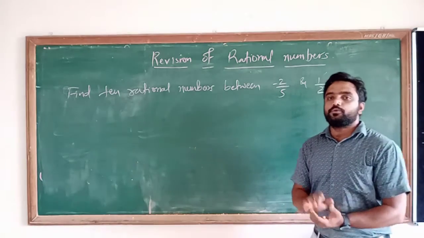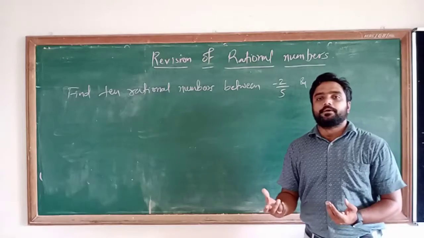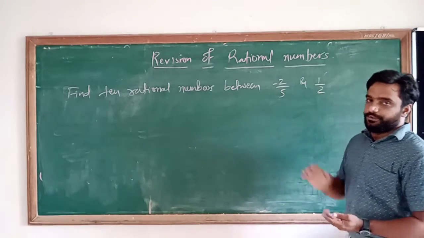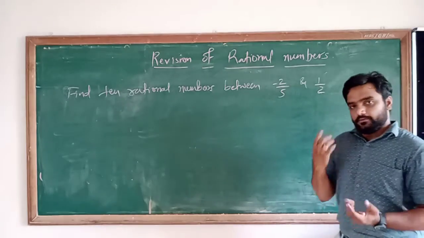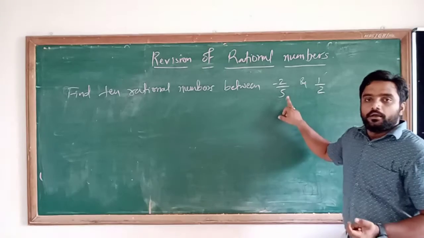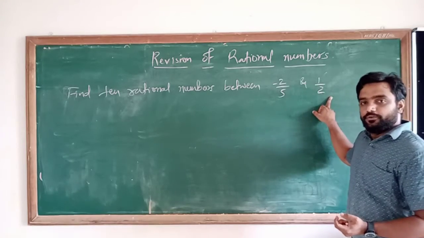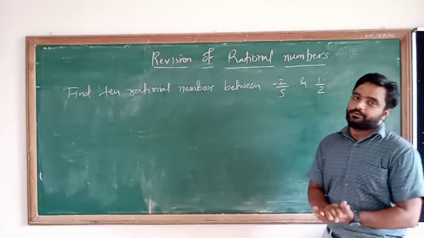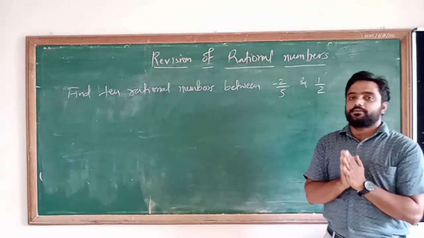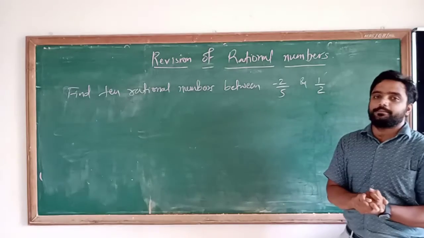You multiply by a number in such a way that you obtain the same denominator. Or you can also do another method: multiply the first denominator with the second denominator and the second denominator with the first denominator. That will be easier for you to obtain the same denominator. So here I have to obtain the same denominator.